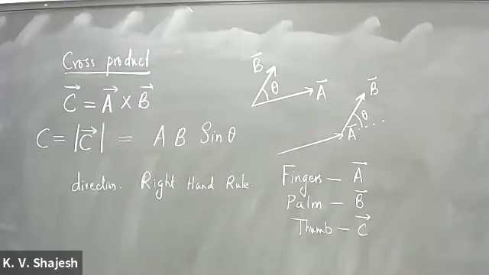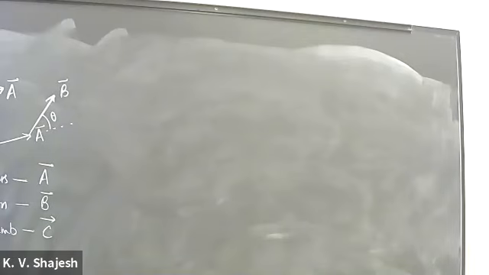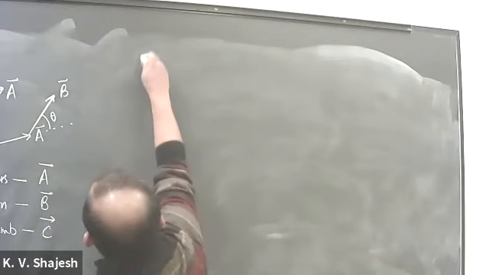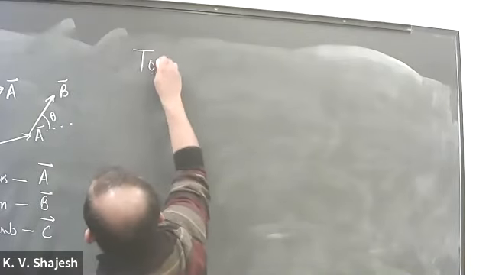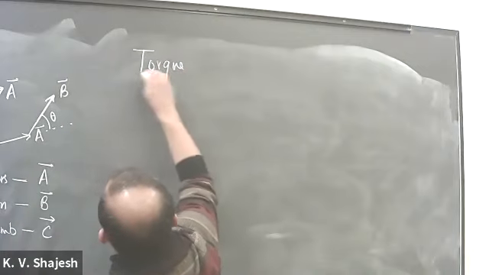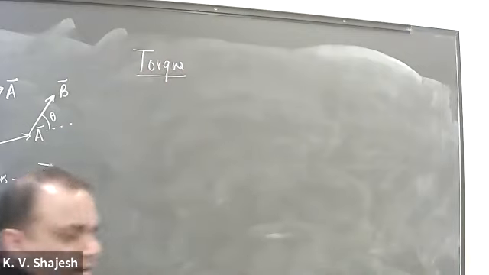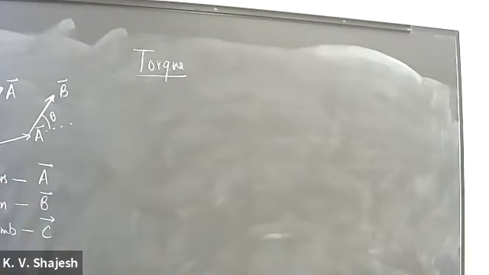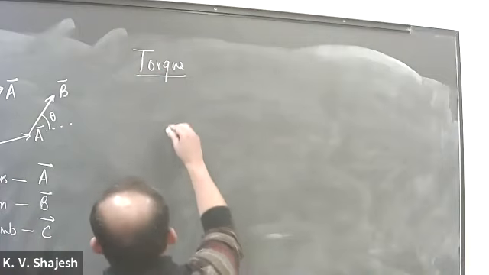We want to talk about torque now, or what causes rotational motion, what helps rotational motion. So let's introduce the idea of torque, and let's motivate this a little. So let's think of opening a door.